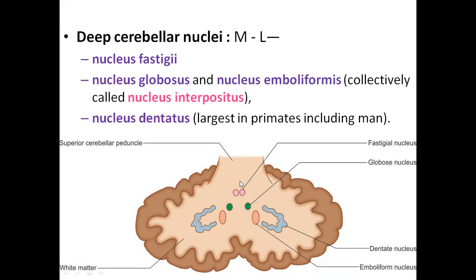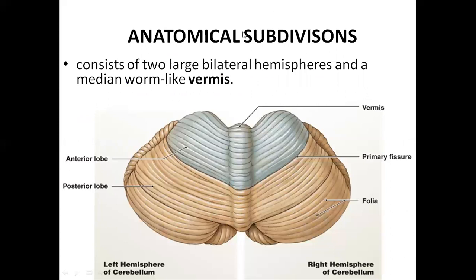Because they are present in the center, they are called nucleus interpositus. Then outside we have quite a big nucleus, the nucleus dentatus, largest in primates including man. I gave you a code for easy remembering: D, E, F, G. These are the deep cerebellar nuclei that we see. Now we will see further.